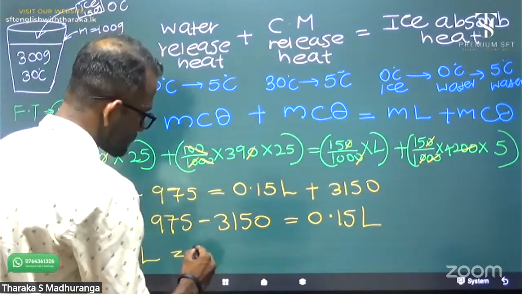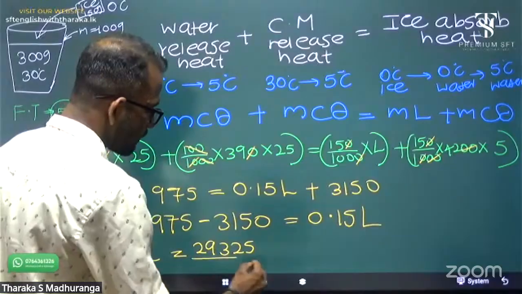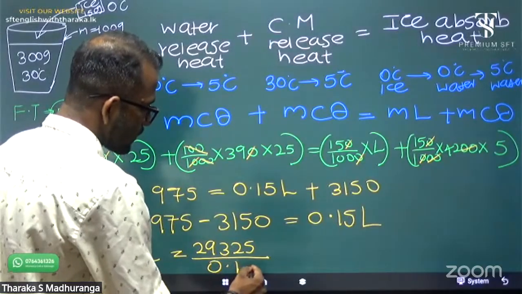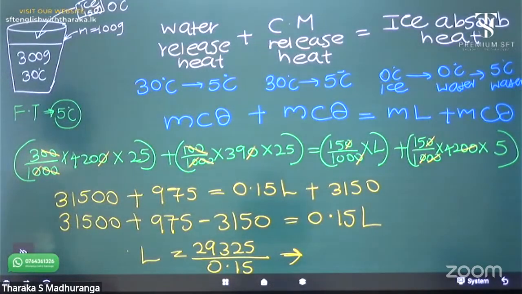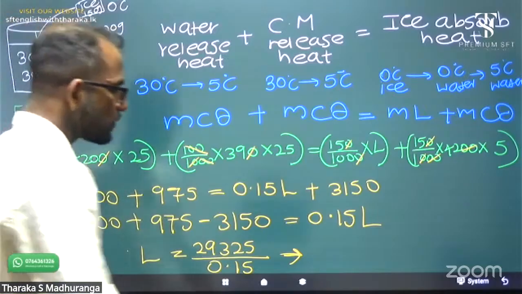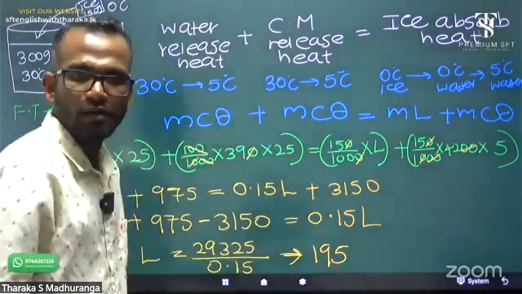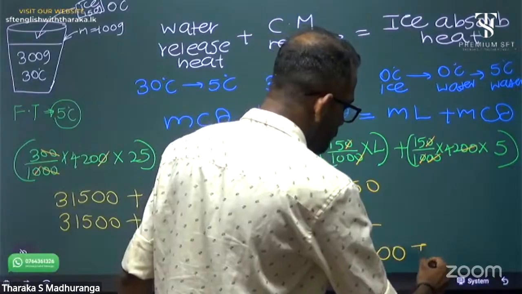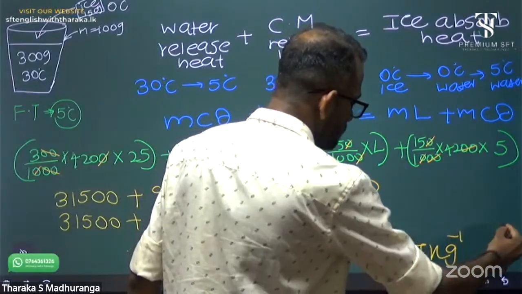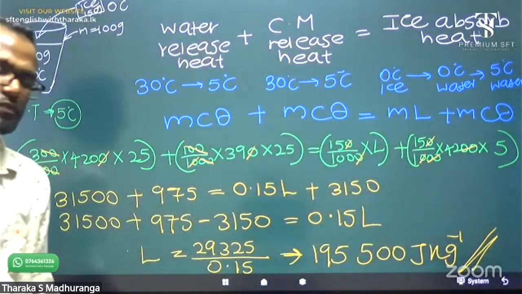29,325 divided by 0.15. Then you can get the final answer. What's the final answer? Is it 195,500? The unit is J kg minus 1, joules per kilogram.